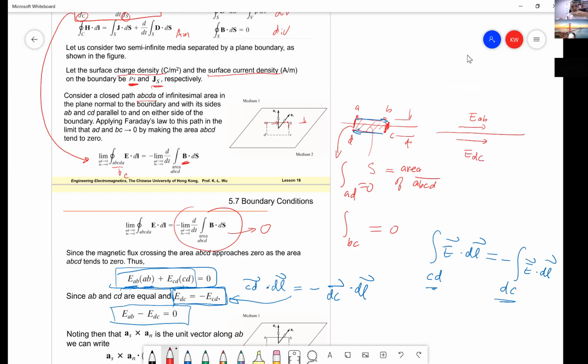That means we call such a field tangential. The tangential electrical field we call continuous. This is a very, very important fact.